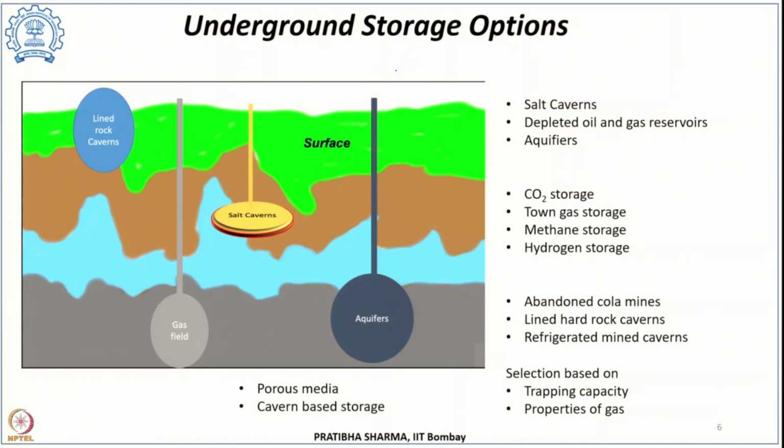Underground storage: other than hydrogen, carbon dioxide can also be stored, town gas can be stored, and methane can be stored. Hydrogen can be stored in porous media or cavern based storage.